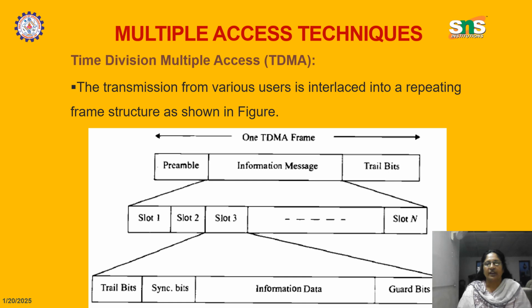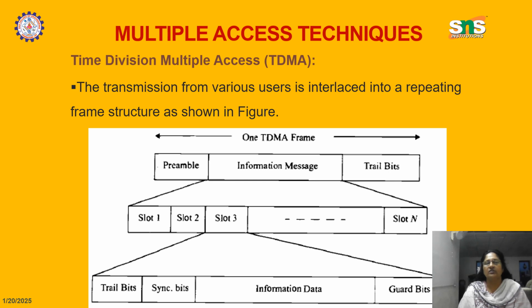The transmission frame. The time division multiple access transmission from various users is interlaced into a repeating frame structure. So this is one frame, it has a preamble, an information message, and a trail bit. We have slot 1, slot 2, slot 3 up to slot n depending on the number of users.